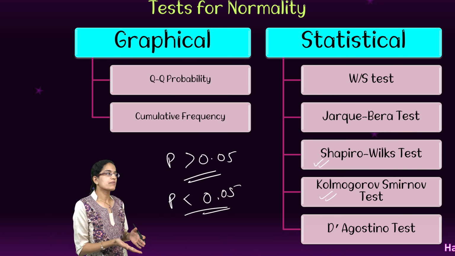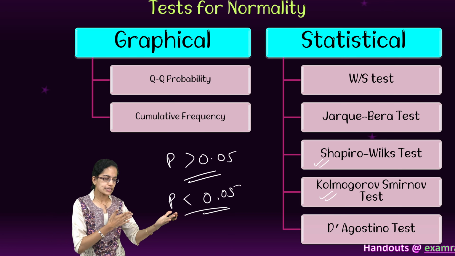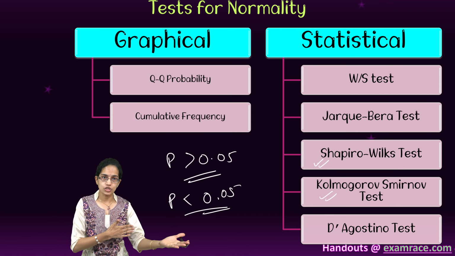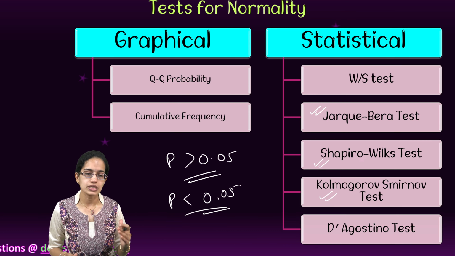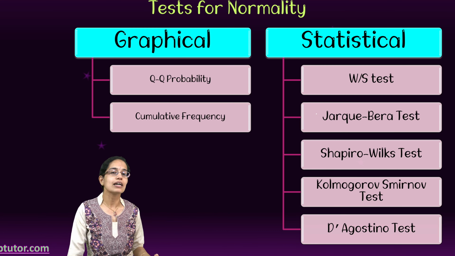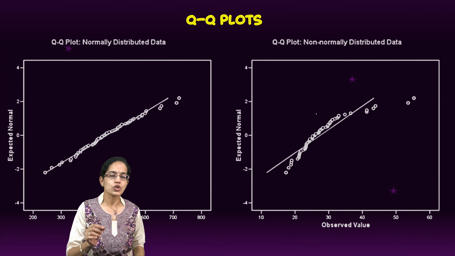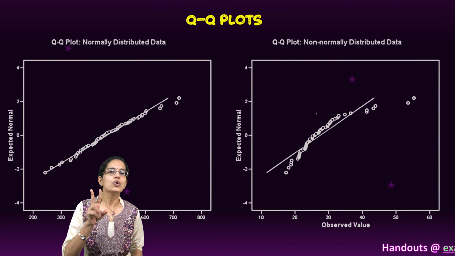However, other software, let's say PAST, would use the Jarque-Bera test. So there are various softwares and various statistical methods that could be used. Now, where and when we can use which of these tests is important, and we would understand that in a while. So, let's first talk about the two graphical methods.